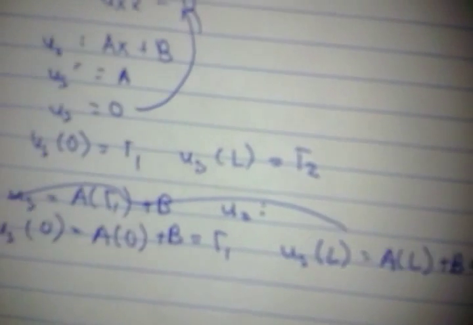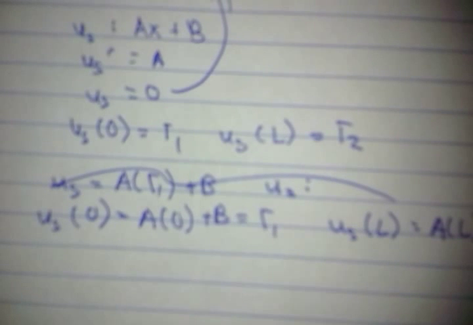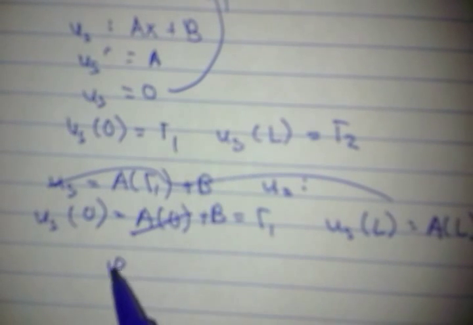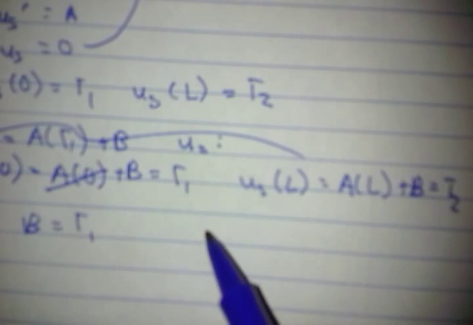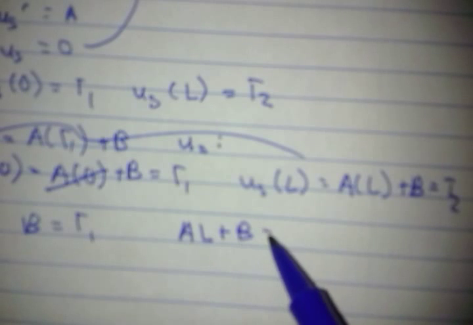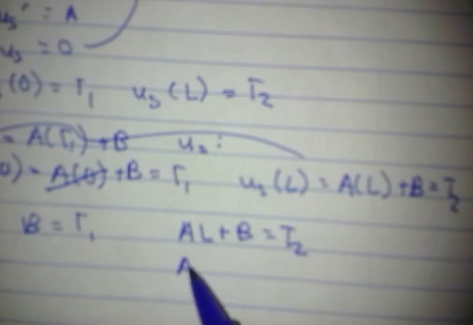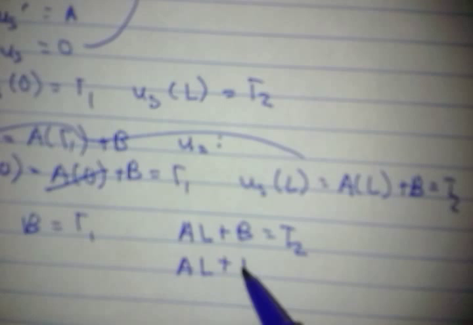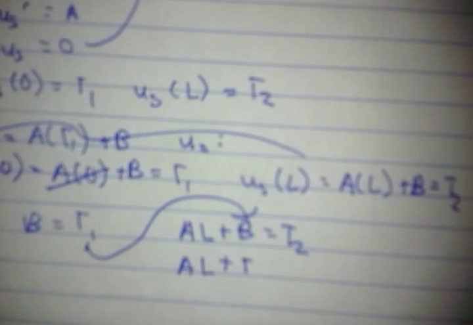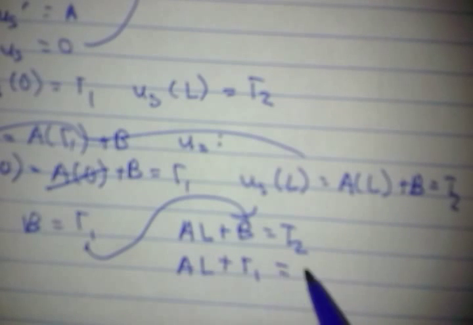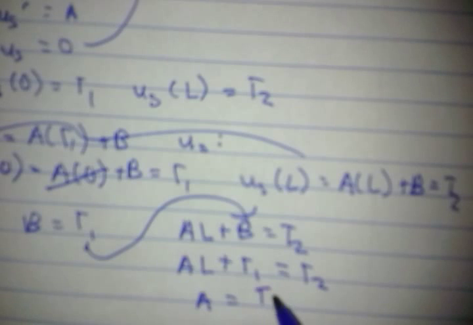Sorry about that mix-up. So then, if we solve easily, this goes away. B is equal to T1, we see. And A times L plus B is equal to T2. So if we plug in for what we solved here, then we get that A is equal to T2 minus T1 over L.